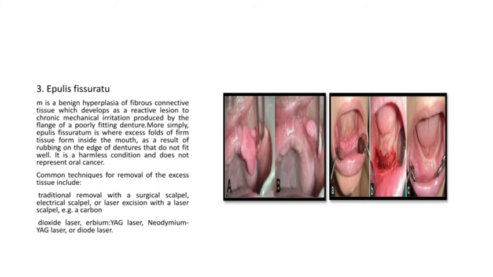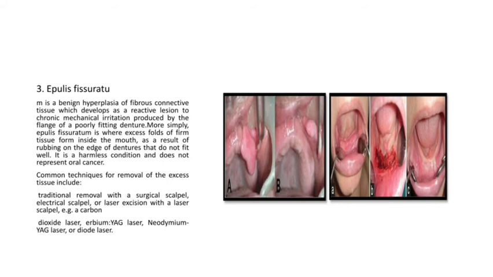More simply, epulis fissuratum is where excess folds of firm tissue form inside the mouth as a result of rubbing on the ridge of dentures that don't fit well. It is a harmless condition and doesn't represent oral cancer.